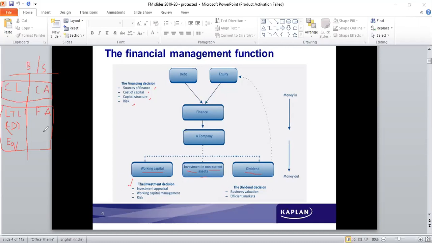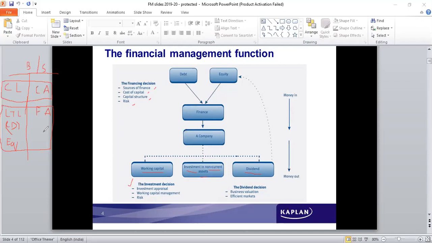Why are we calling it short-term assets or current assets? We understand that these assets can be quickly converted into cash. At the end of a short period of time, these assets can be converted into cash. So they enable the company to meet the cash obligation.